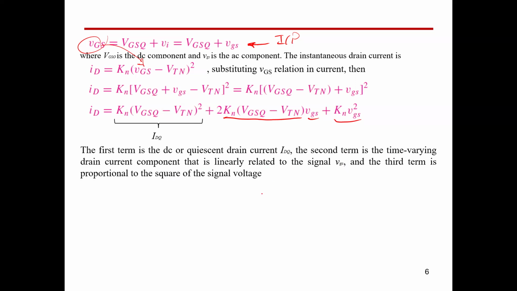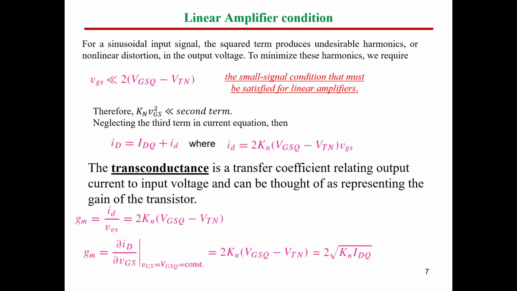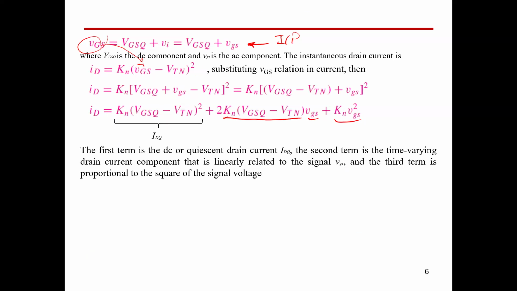So this is the analysis of the current, and we have 3 terms now. For a sinusoidal input signal, the square term produces undesirable harmonics or nonlinear distortion in the output waveform voltage. So the last term here, guys, is undesirable.